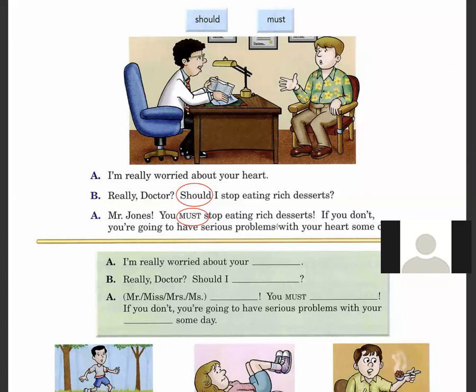Right, so if I say to you, Juliana, you should study every day, that is like a suggestion. Okay, I'm recommending. Now, if you say to me, I am going to take my citizenship test in four months, then I'm not gonna say, Juliana, you should study.